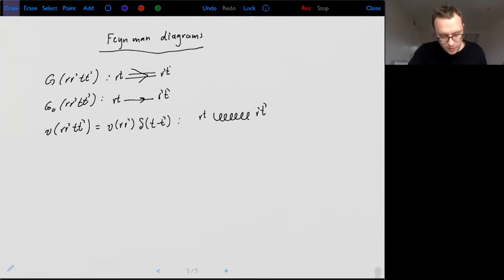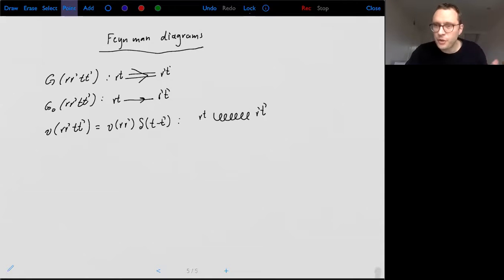And basically what we want to do is express the interacting Green's function in terms of the non-interacting one and the interaction. Now, the way you think about it is that the Coulomb interaction is mediated by photons, right? You can think of two charges interacting as the emission and absorption of photons.